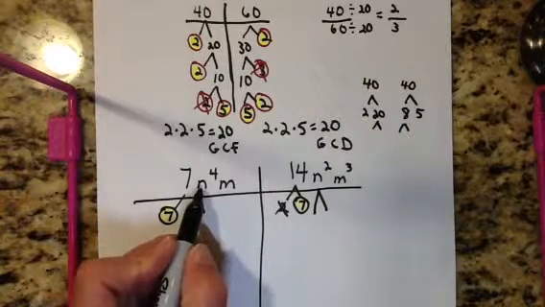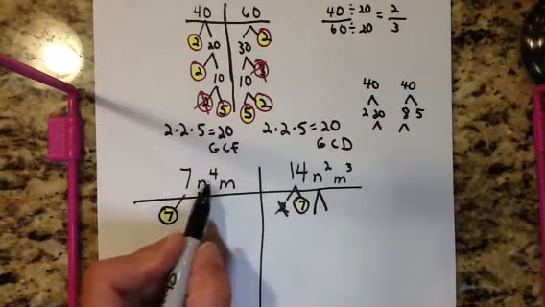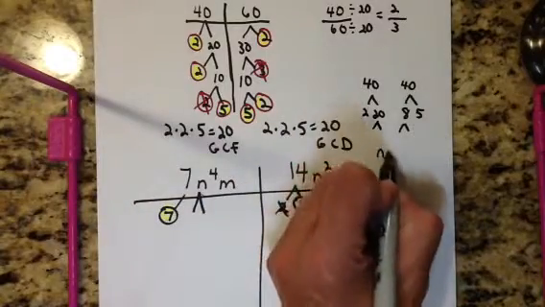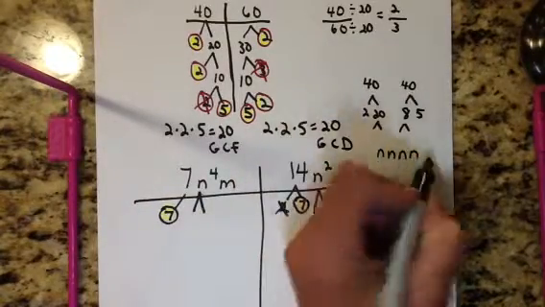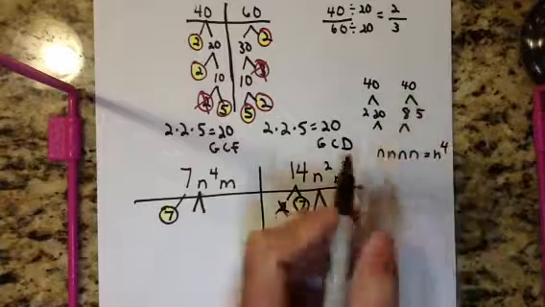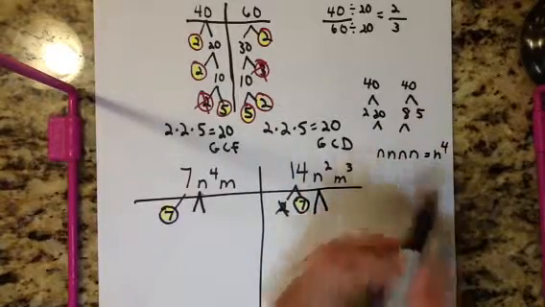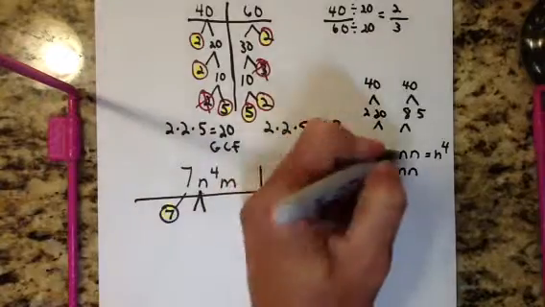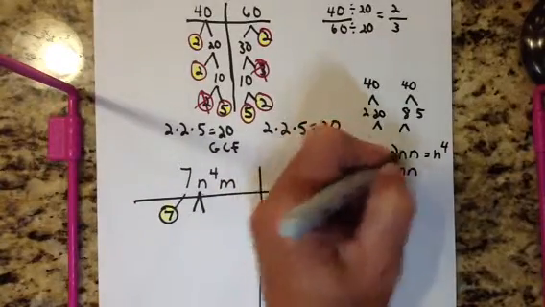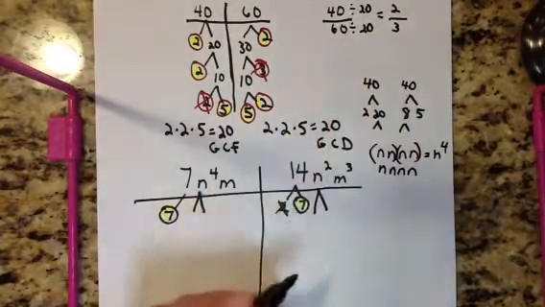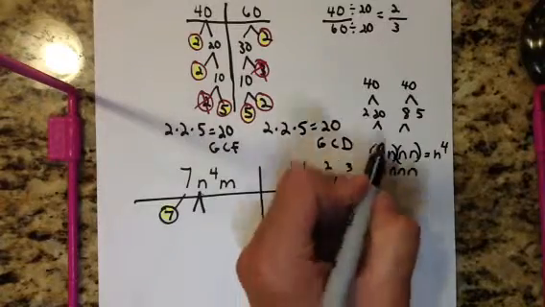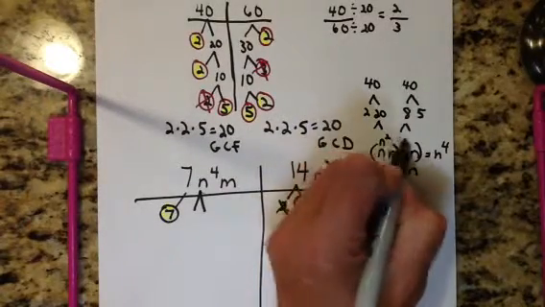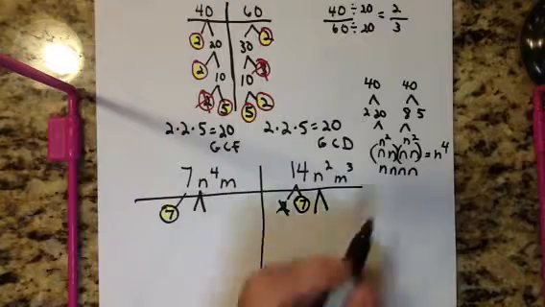Well, the same is true for variables with exponents, such as n to the 4th could be n times n times n times n. Okay, I'm going to use parentheses to kind of show you. One way of factoring this would be n squared times n squared.